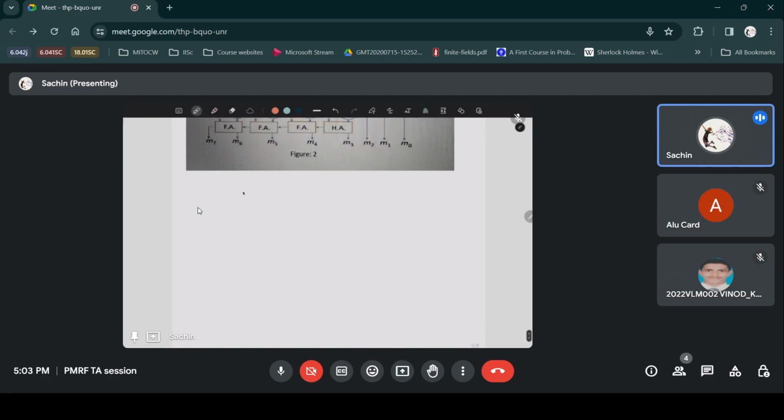So 1101 into 1001, which is the same way you multiply numbers in decimal. You can do it here.